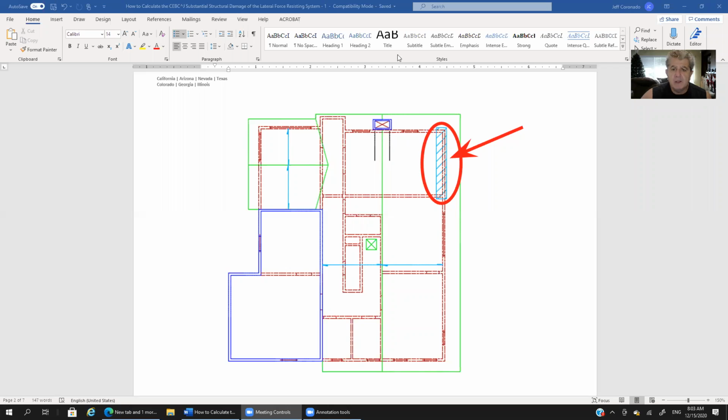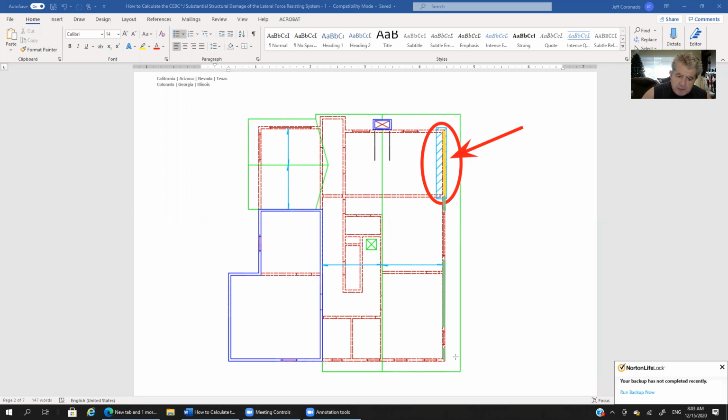But basically, you need to evaluate the effective length of the portion of the shear wall that's damaged, and then compare that to the effective length of these shear walls that is not damaged.